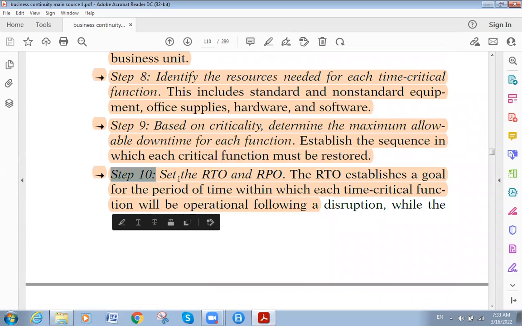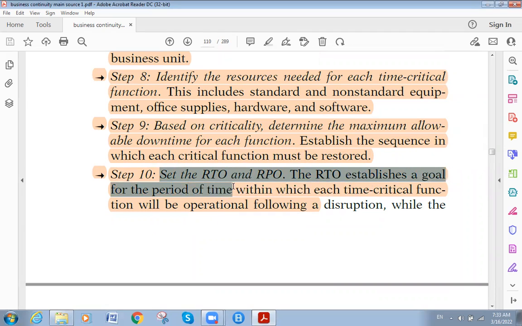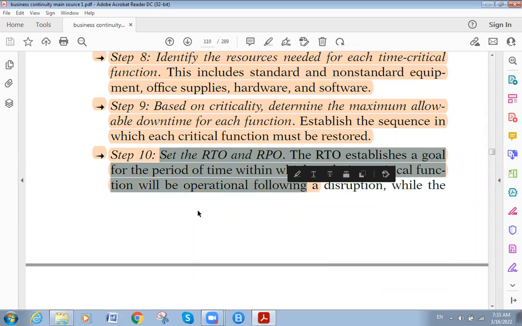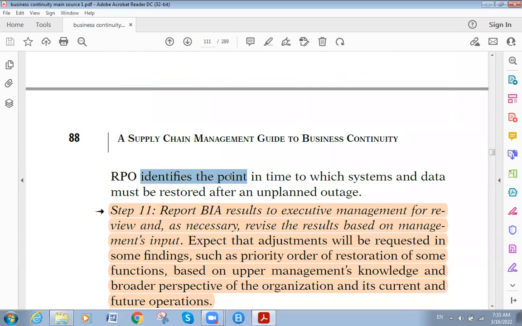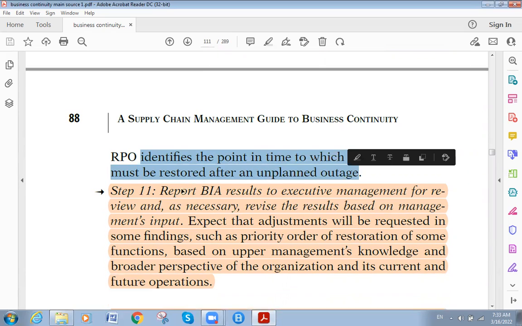Step 10, set the RTO and RPO. The RTO establishes a goal for the period of time within which each time critical function will operate following a disruption, while the RPO identifies the point in time to which the system and data must be restored after the unplanned outage.